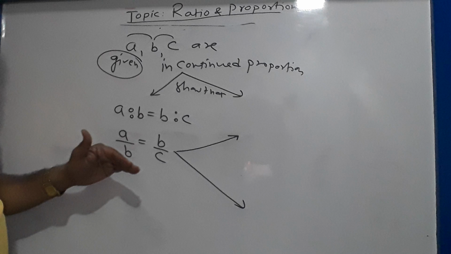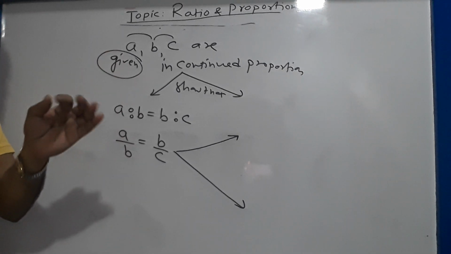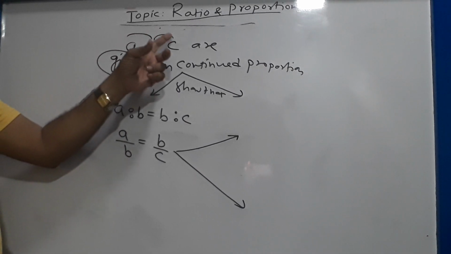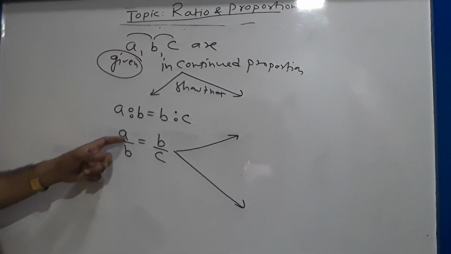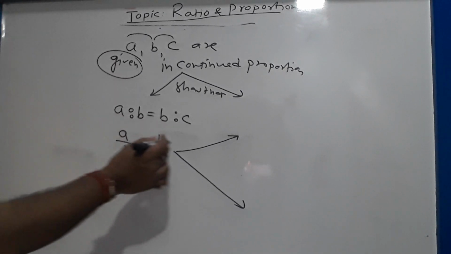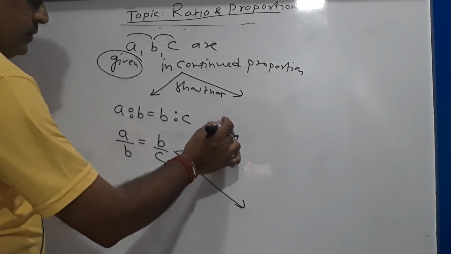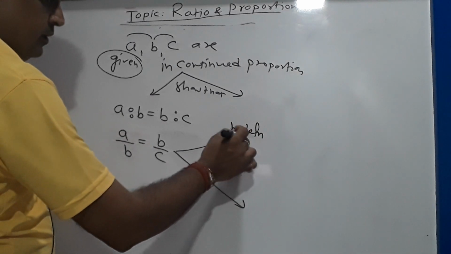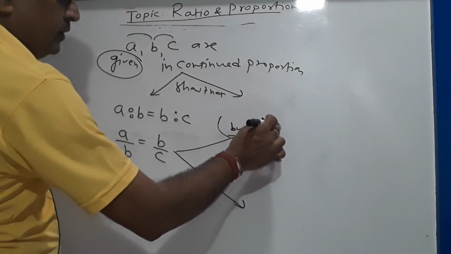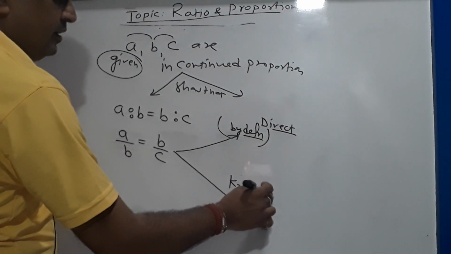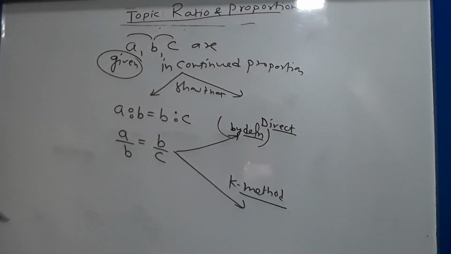We go by the basic definition: A, B, C are given in continued proportion, so A ratio B is equal to B ratio C, A upon B is equal to B upon C. Then from this, there are two methods. One is by definition, or you can say the direct method. The other is the K method.